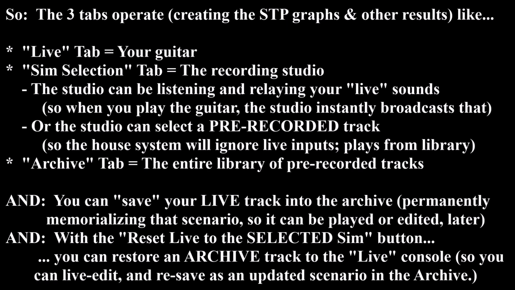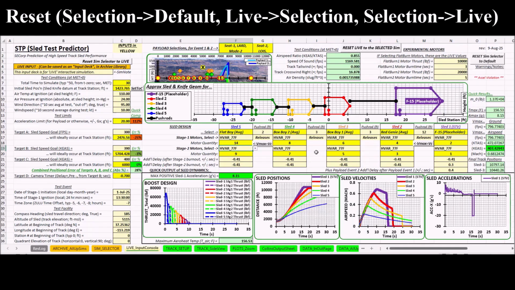Also, the reset live to the selected sim lets you invoke one of the archive tracks back into the live input screen, so you can then edit it as if it was an initial live scenario and save it later if needed.